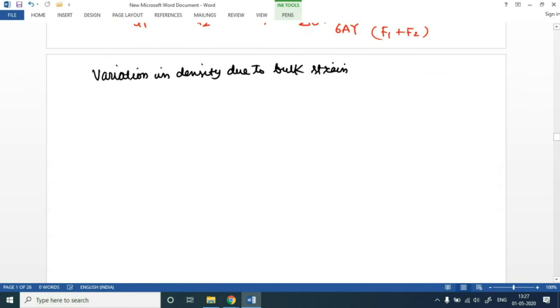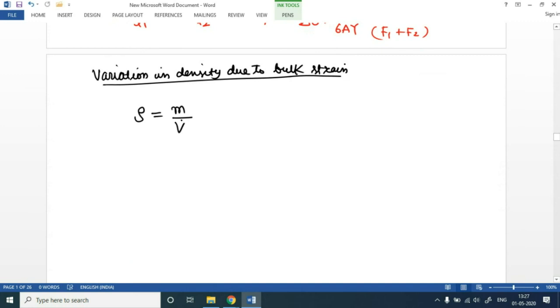And one important thing I will take here, let's say for example, there is some material whose density is rho. So obviously rho is defined as mass upon its volume over here.